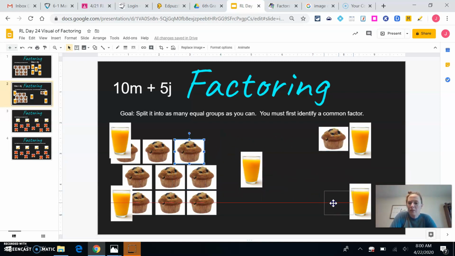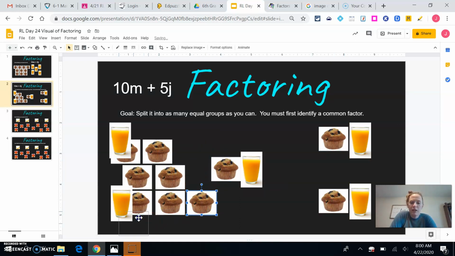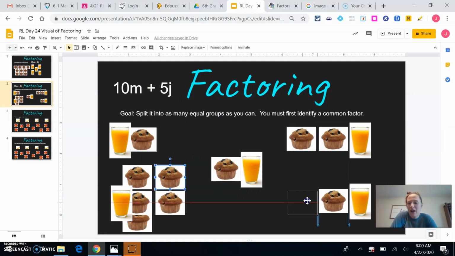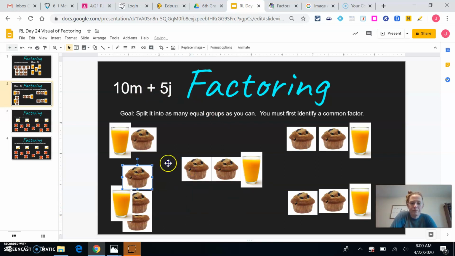I could be fair and go 1 here, 1 here, 1 here, 1 here, and then just keep passing them out. I know if I'm splitting them into 5 groups, if I take 10 divided by 5, I should have 2 muffins in each group.